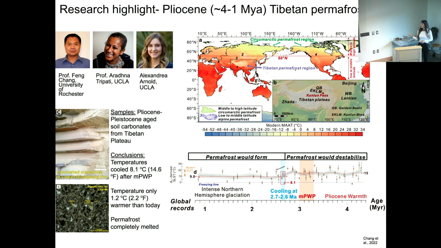So this type of permafrost melting might be occurring in our very near future. It's already being observed now. And so we might end up at a point where we have a lot of permafrost melting similar to what occurred during this time period.